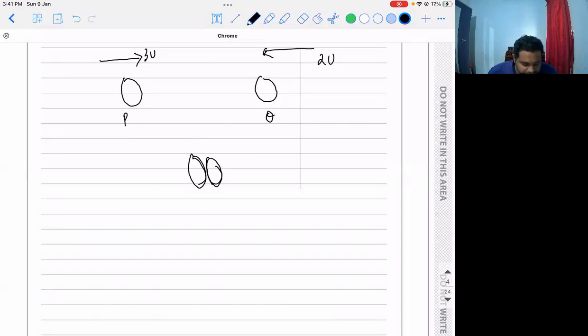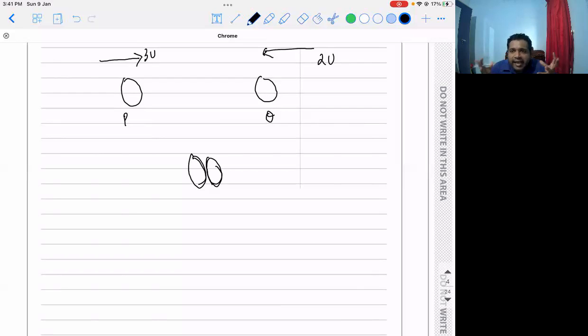During this collision, what happens? P will exert a force on Q. Similarly, Q will also exert a force on P. That is an action-reaction pair, according to Newton's third law. Every action has an equal and opposite reaction.